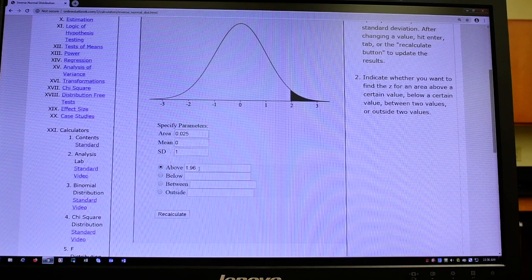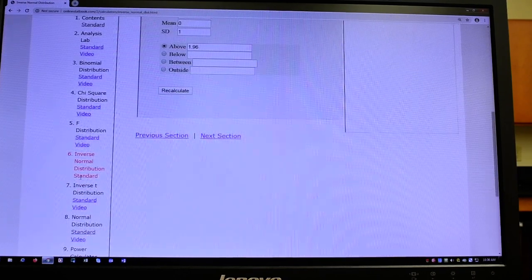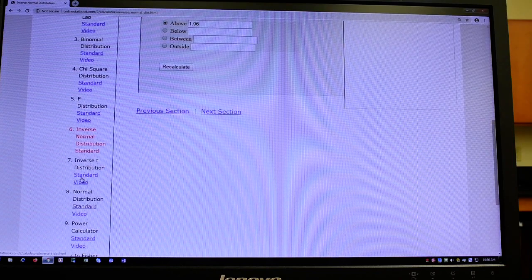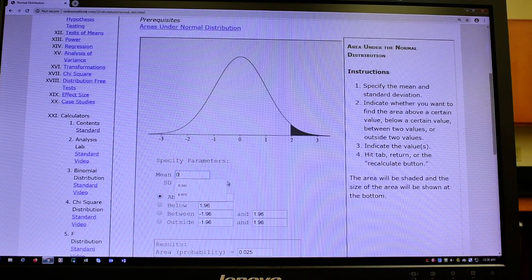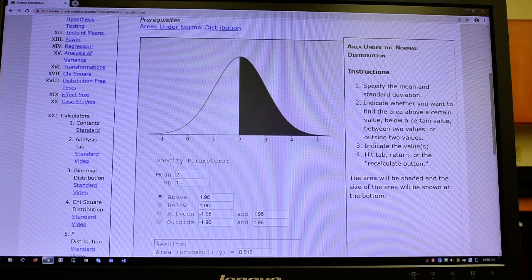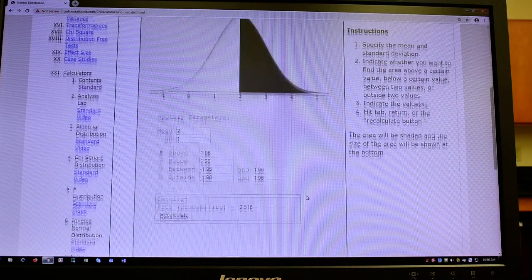So with 100, notice that our mean is now to the right of that critical value there. So now we can model the alternate hypothesis over here. All right, so we're modeling the alternate hypothesis. The mean on this one is 2, remember. But the standard deviation now is much smaller. We want the area above 1.96.